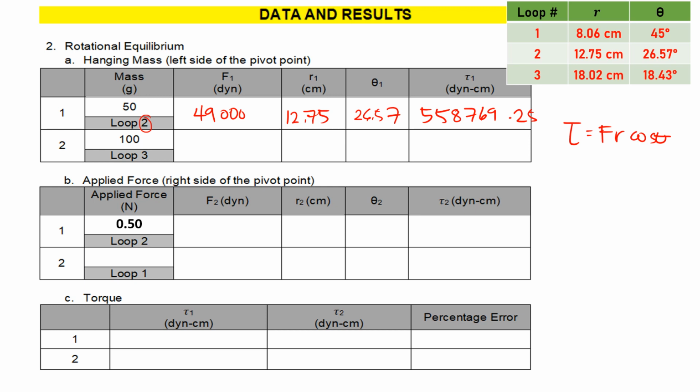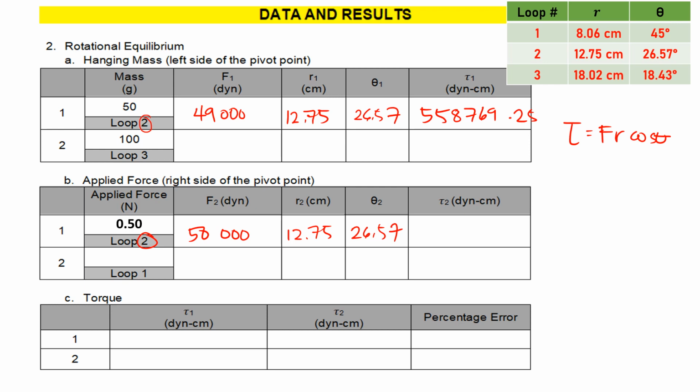So this is for the first column or your first table. On the second table, the applied force is equal to 0.50. We need to multiply this by 100,000, so the value here is 0.50 multiplied by 100,000, which is equal to 50,000. Again, this is at loop number 2, so this is also 12.75 and 26.57.